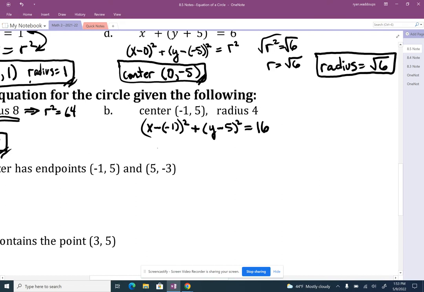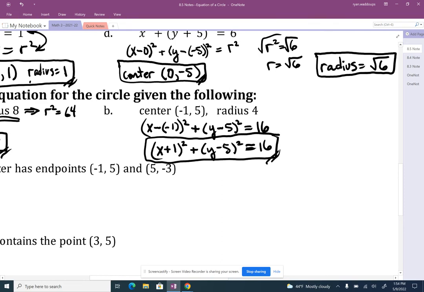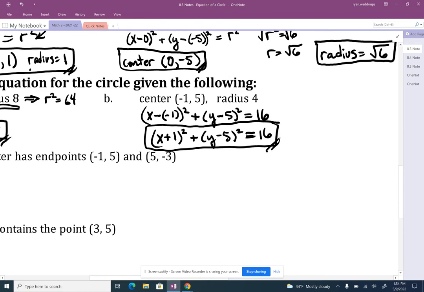At this point, we can take that minus -1 and rewrite it as x plus 1 squared plus y minus 5 squared, and that's equal to 16. And so that's the equation with center at -1, 5, and radius 4.